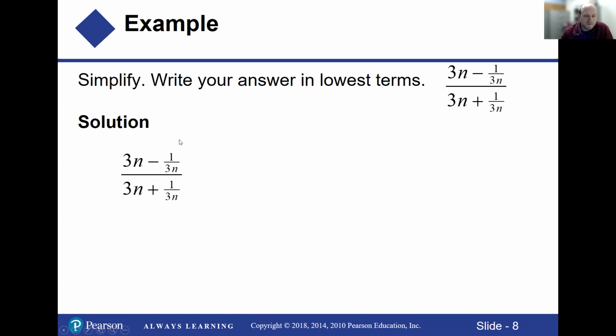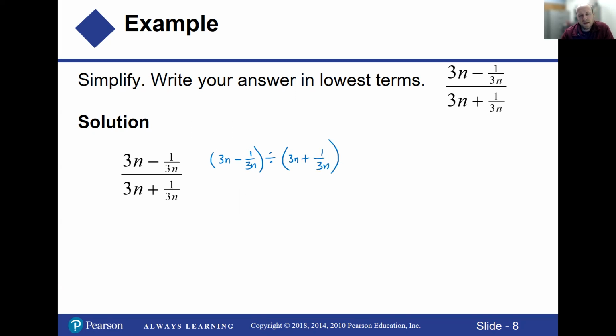What we want to do here is write this as 3n minus 1 over 3n, that entire thing, being divided by this thing, your denominator.